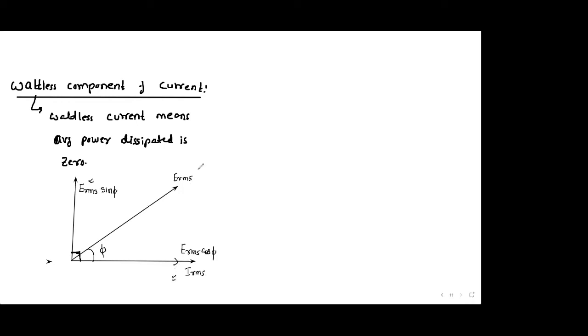Say the phase difference between ERMS and IRMS is phi. So I take components of ERMS. The component along IRMS is ERMS cos phi. The component which is perpendicular to IRMS is ERMS sin phi.